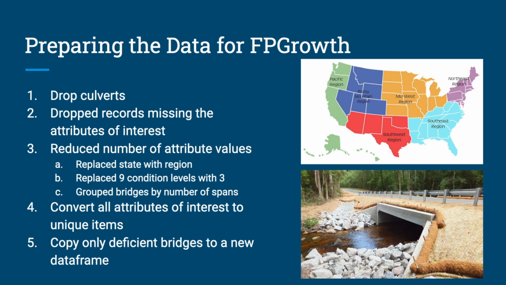And the reason to do this is that FP growth is looking for frequent patterns. And so if we have, let's say, all 50 states in there, there may not be enough patterns within a single state to show up in the resulting rules because the bridges have been, in a way, overclassified in their location.